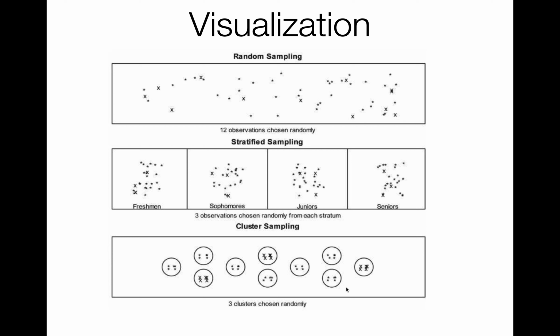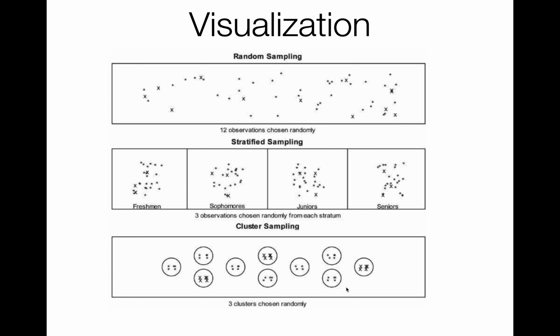Random sampling occurs when I look at each of them individually. I don't put them in groups. I look at each of them individually, and then I randomly select 12 of them. Okay, and so you'll see that there are 12 X's in the top one, and they come from the whole population, where each person was equally likely to be picked.